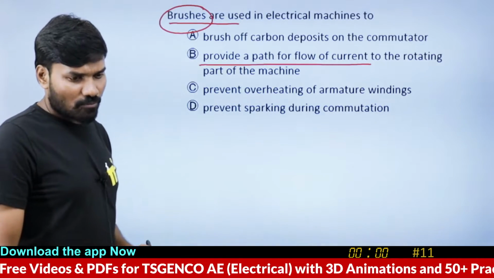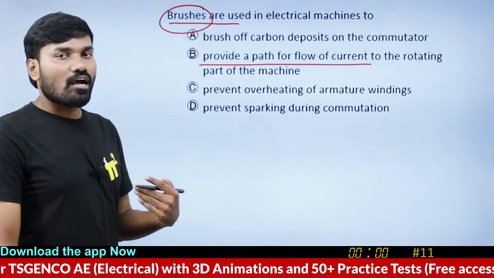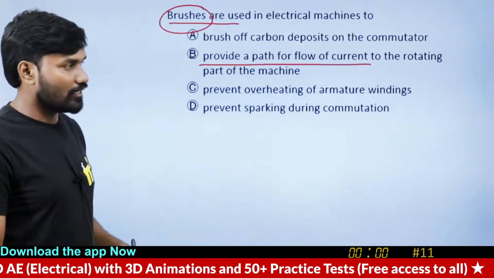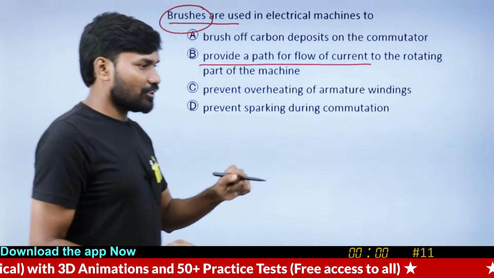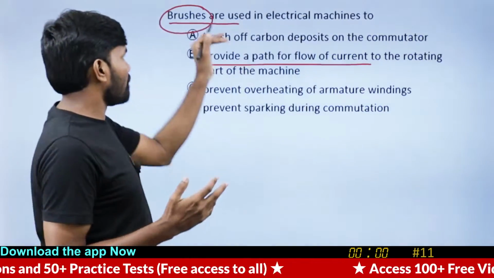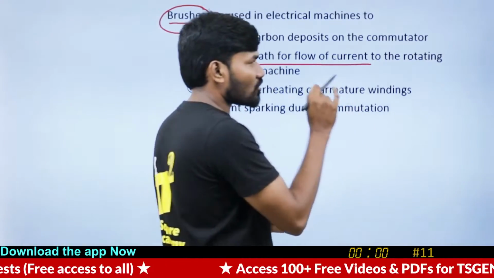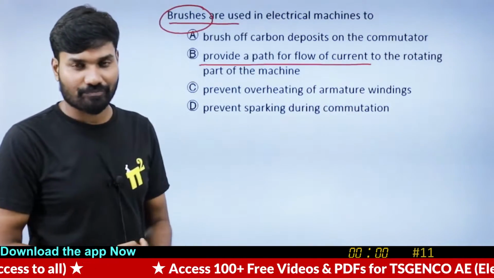So, sparkless commutation will use carbon brushes. It's not sparkless commutation, it's reduced spark, improving the commutation process, but the question is asking about brushes. So preventing sparking during commutation is not the purpose of placing a brush.